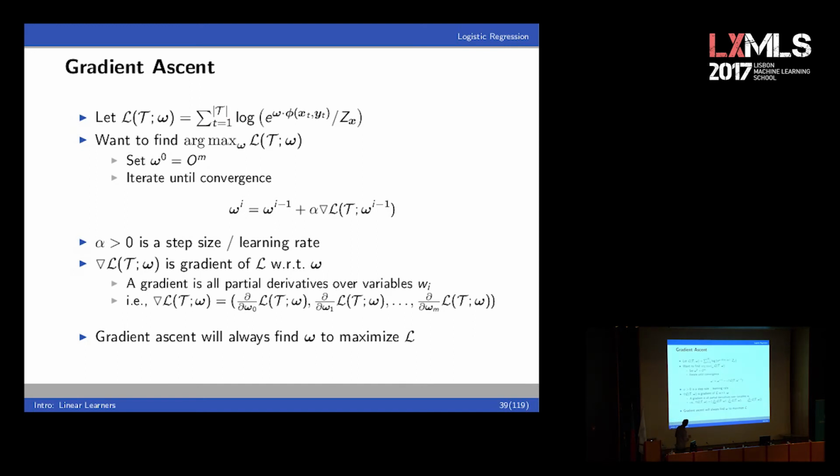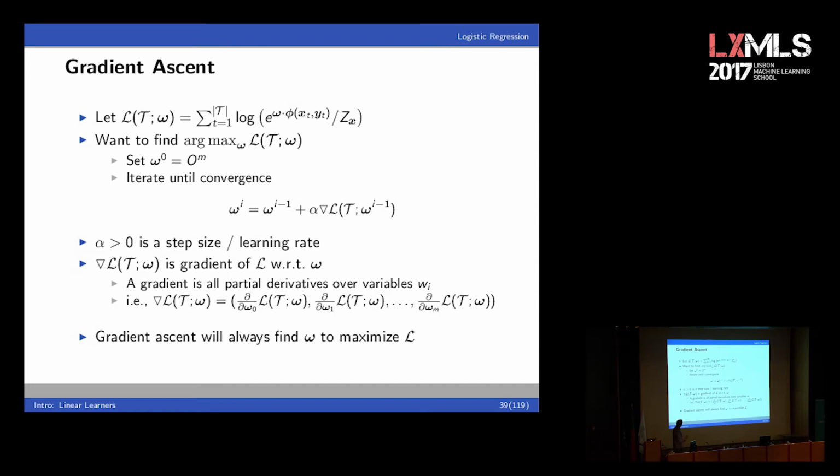We set our parameters to an all-zero vector. And then until convergence, what we do is we update our weight vector by going a certain step size, a positive step size, small or large, increasing, decreasing, constant, whatever. We have to learn from optimization theory what's best, in the direction of the gradient.